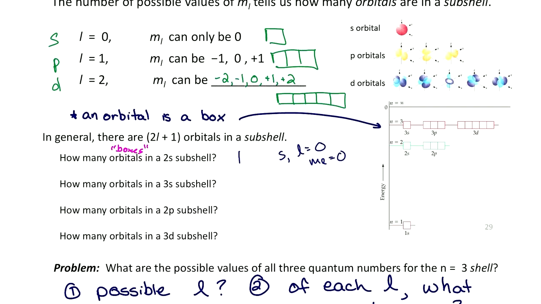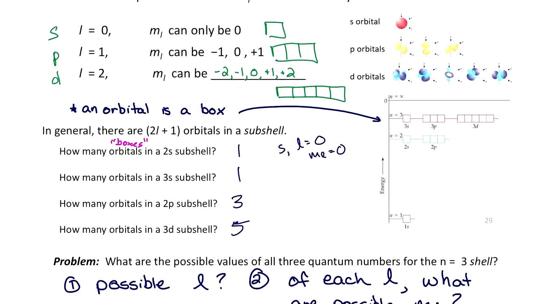Just 1, because again, it's still an s orbital. How many orbitals are in a 2p subshell? 3, great. And how many orbitals are in a 3d subshell? 5, very good. So essentially, we're just looking at different sets of boxes and counting how many boxes are there. Those orbitals are different orientations of finding our electron.